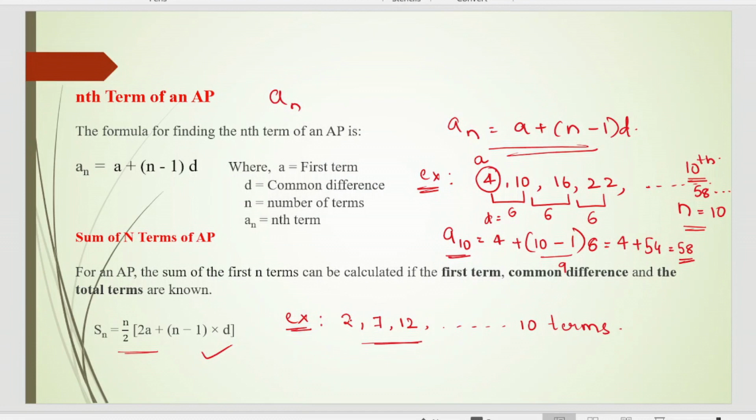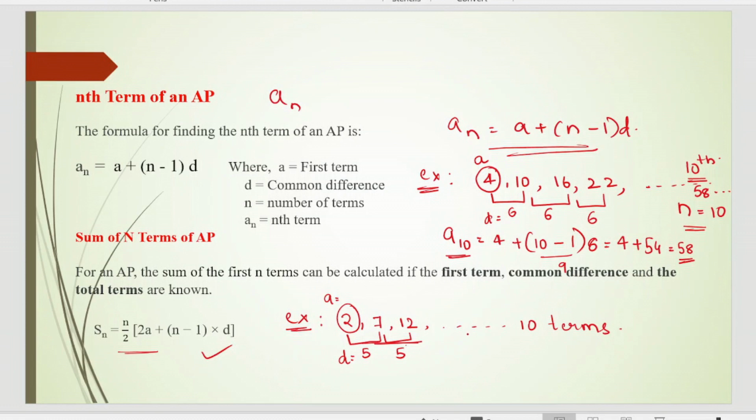Clear? Here the first term is a, so a = 2. And what is the common difference? It is 7 minus 2 is 5 and 12 minus 7 is also 5. The common difference is 5 here.